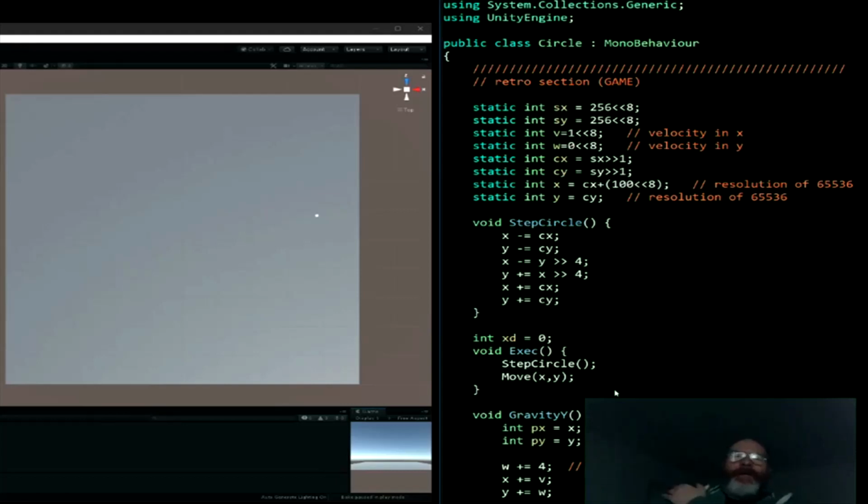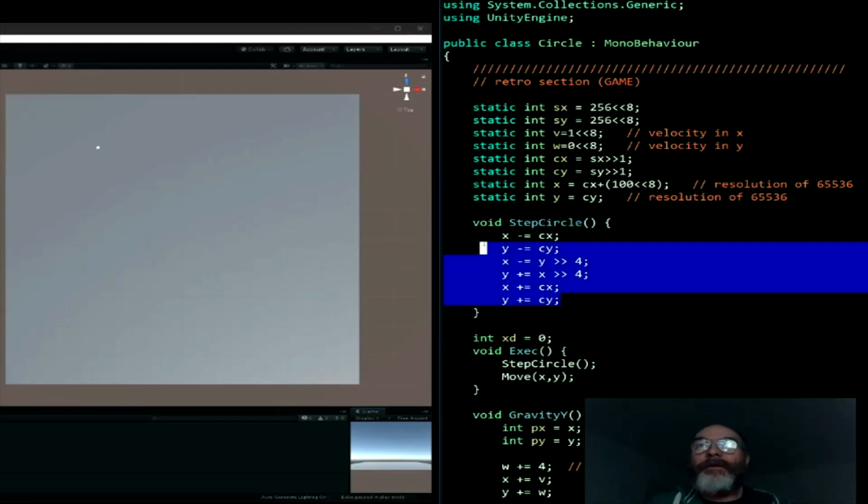Okay. Next thing is to do the simulation. The next thing to do is a simulation of this orbiting the center of the screen. And we have most of it already. I mean, I have a velocity for this guy.